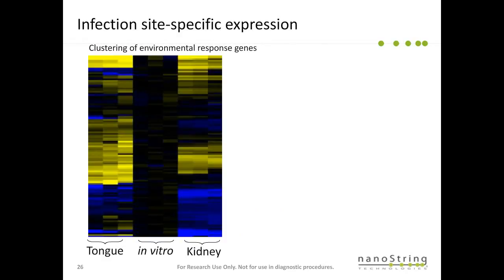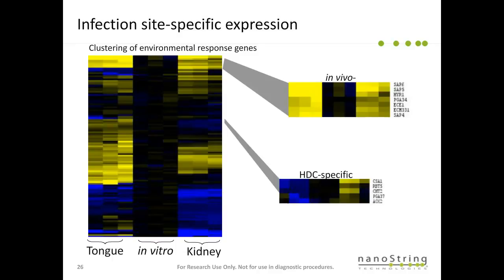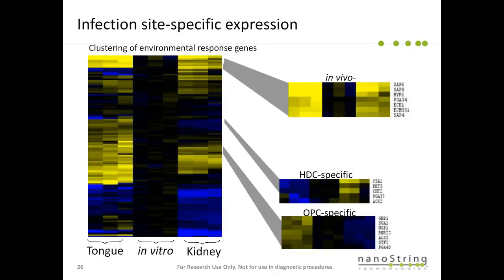We also compared our study, which is a kidney infection, an invasive infection, to a mucosal infection, where basically it's a flush where Candida infects the tongue. What we observed is that some genes are turned on in both types of infection, but there are genes that are turned on only in the kidney infection, and genes turned on only in the tongue infection.